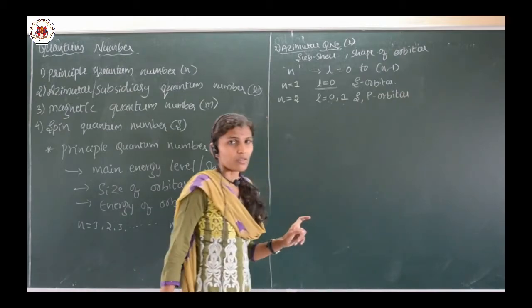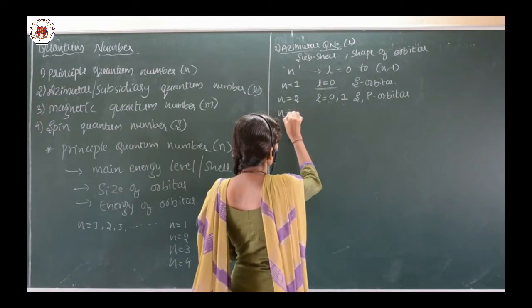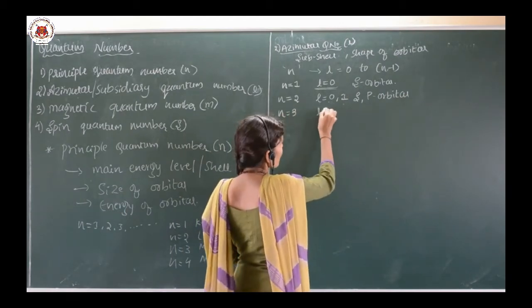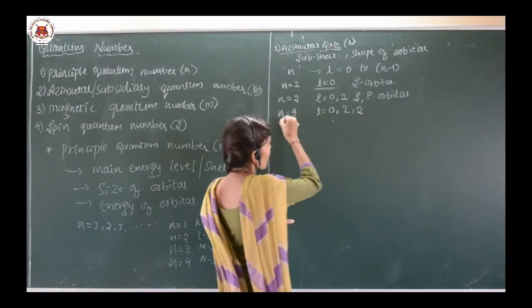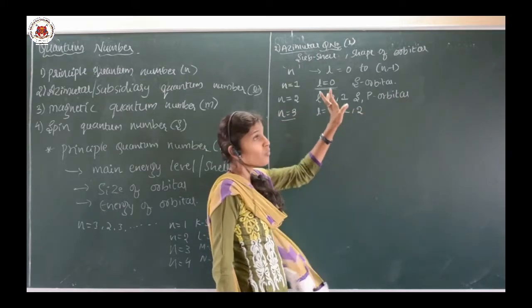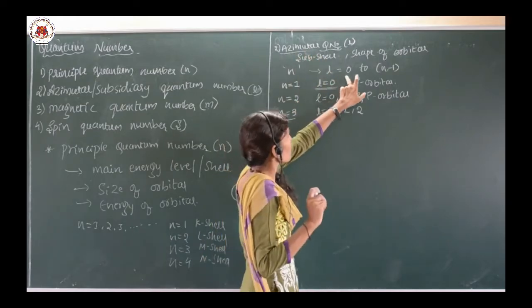And if n is equal to 3, the values of l will be 0, 1, 2. For a given value of n, l can have the value 0 to n minus 1.